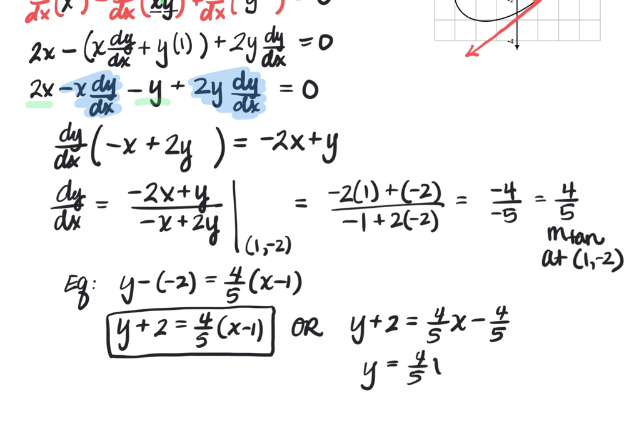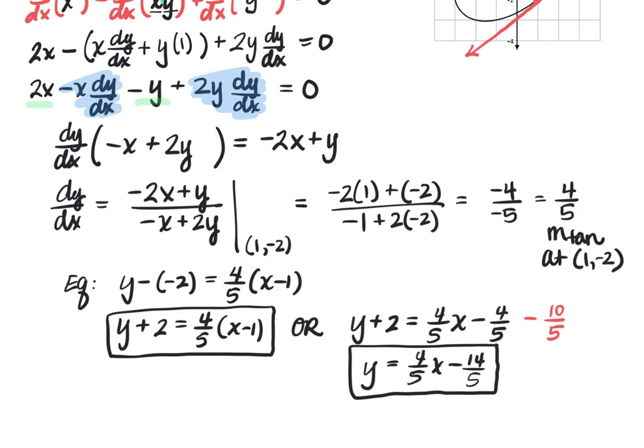So 4/5 x minus 4/5, and then you have to think that you're going to do a little fraction work. If I'm subtracting 2, 2 over 1 would really be 10/5. So then that would leave me with -4/5 minus 10/5, which is -14/5.